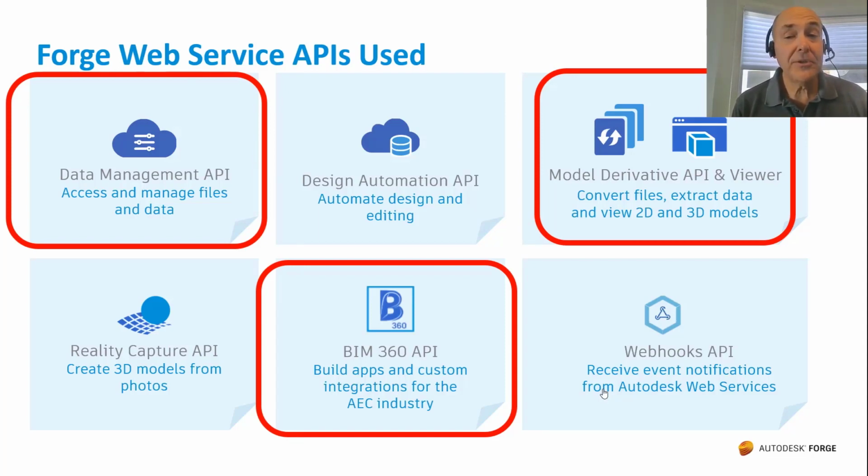The model derivative to extract data from the models and to create the model that you can see through a web browser using the Forge viewer. And in a few cases here, the content being managed for maintenance and operations through a digital twin environment was actually being managed in BIM 360, so also using the BIM 360 API.